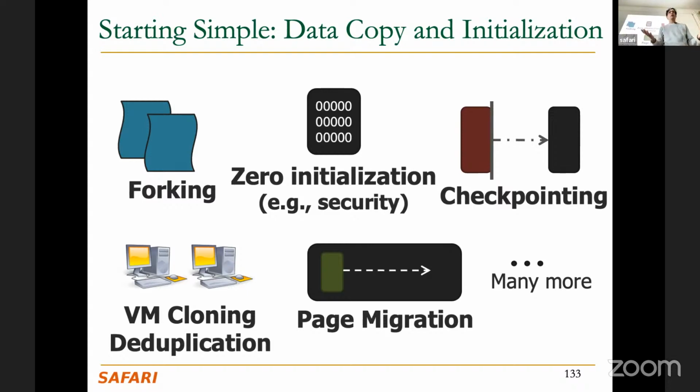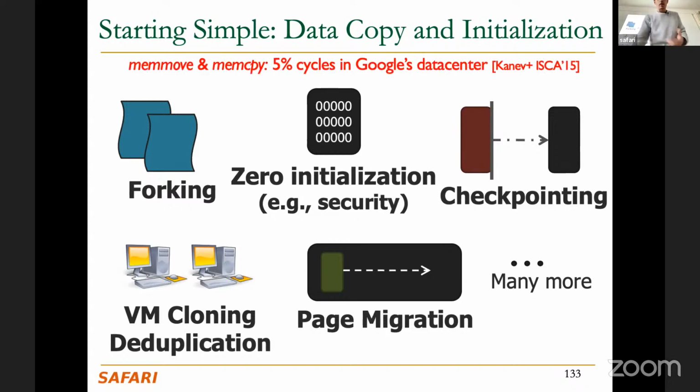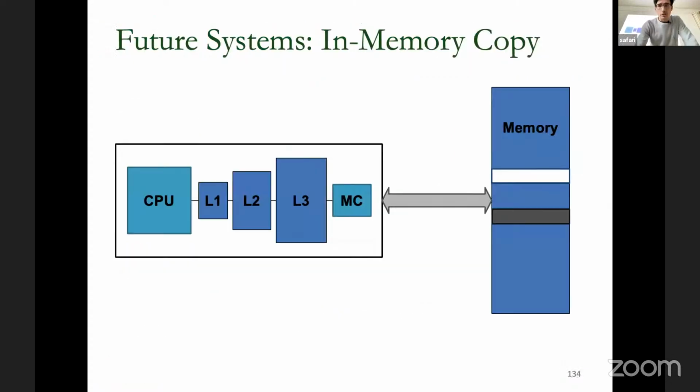You may think, well, we are not always doing that. It's true, we are not always doing that, but a recent study from Google showed that 5% of the cycles in Google's data centers are spent on memmove and memcpy operations, and 5% of the cycles in a data center is a lot, right? And it's a lot of energy consumption.